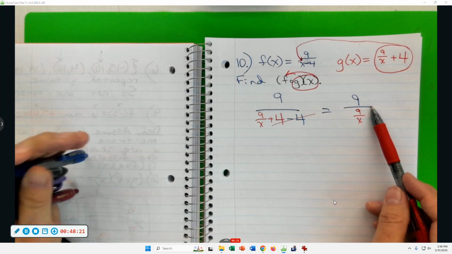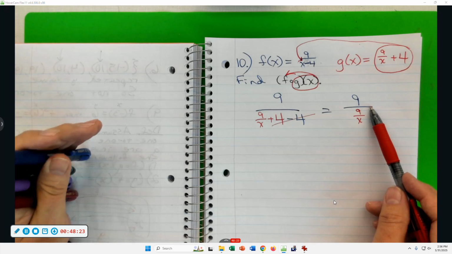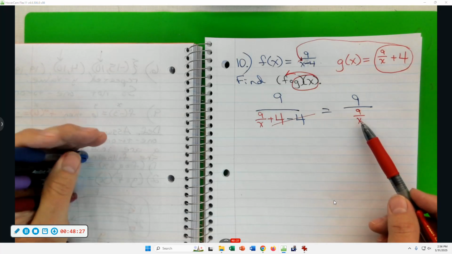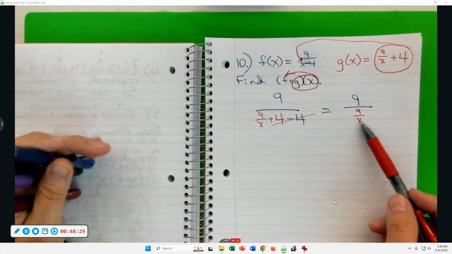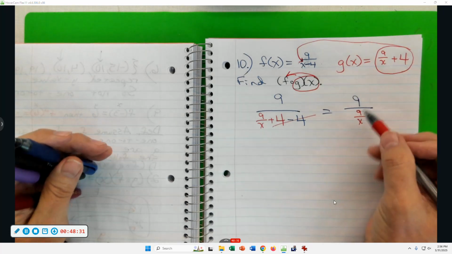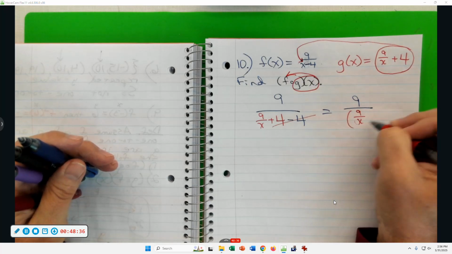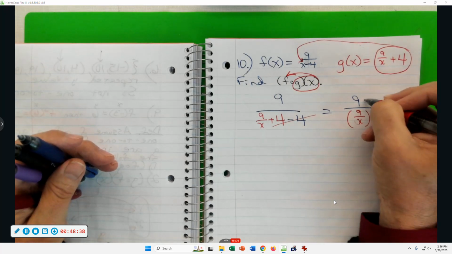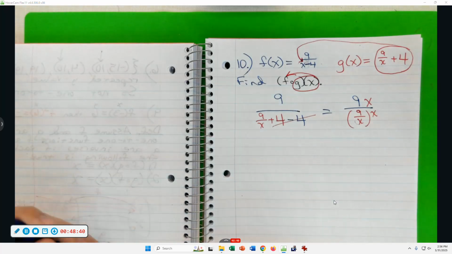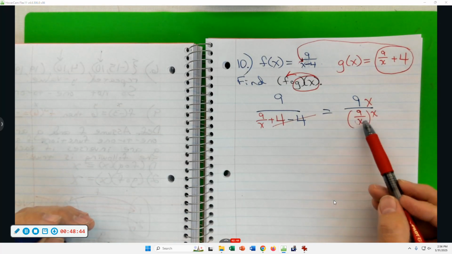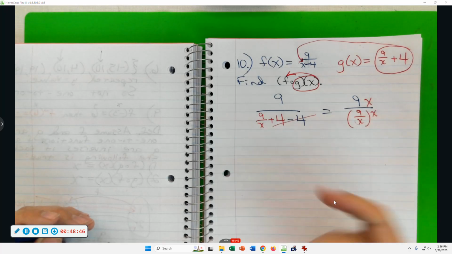Any fractions that appear within the major fraction are called minor fractions. Any denominators that appear in minor fractions are minor denominators. My minor denominator here is x. I'm going to multiply above and below by x.